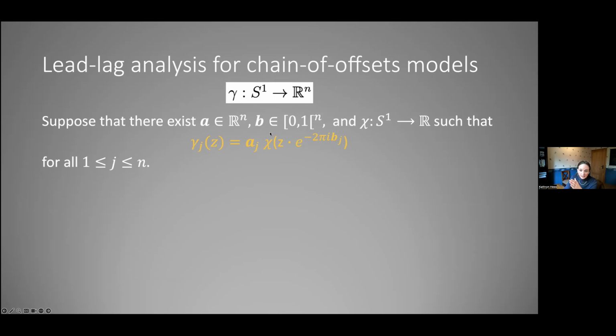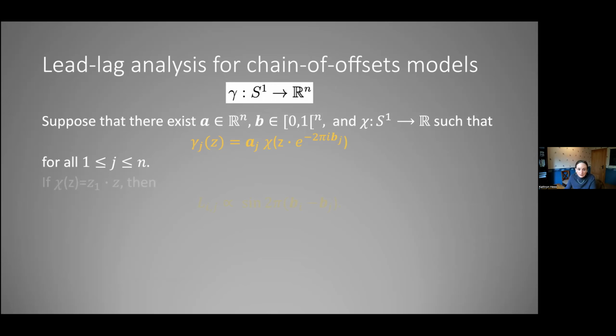So it's some shift of the function chi by beta j, and then also the amplitude modified by this factor aj. So you have all of the gammas that are different multiples and shifts of the same cyclic function. And that's what you call a chain of offsets. And so you'd like to know, with respect to this chain of offsets, is gamma i leading gamma j, and so on.